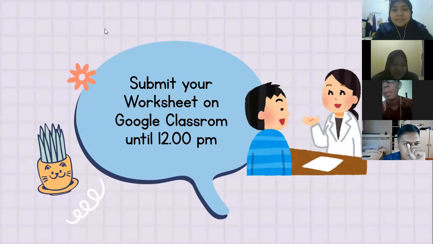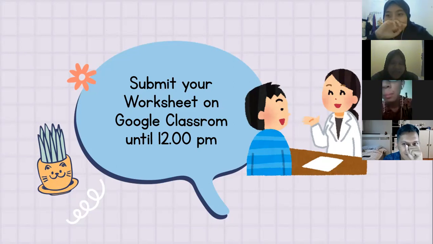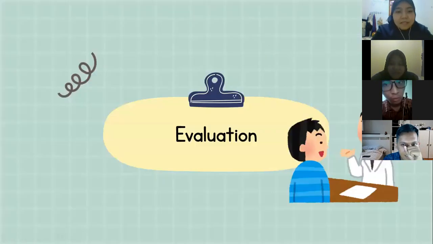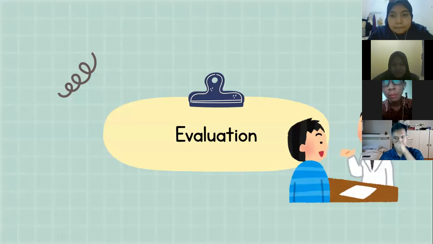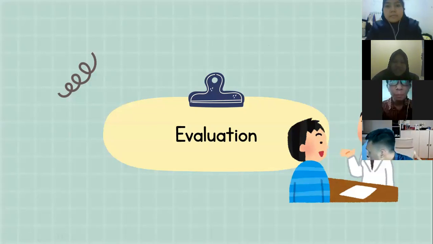Okay, thank you for your explanation. And now we're going to go to the evaluation step. I think each of you already understood the difference between physical and chemical change. And now it's time to evaluate your cognitive skill for 3 minutes.